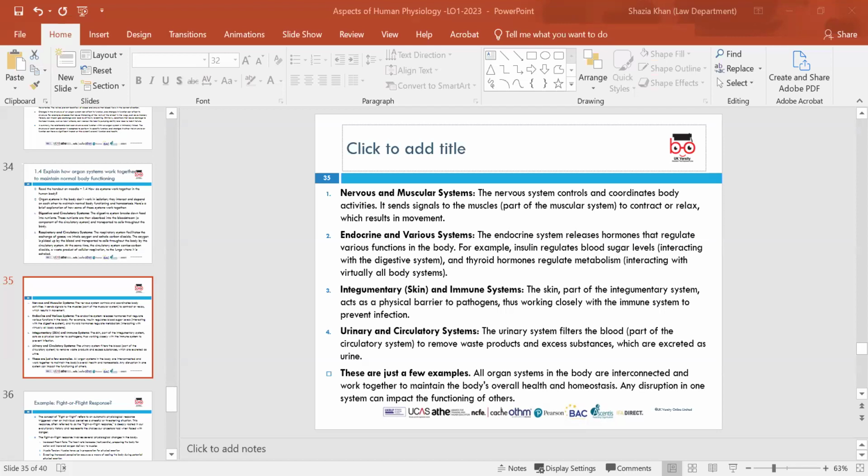And the kidneys, part of the urinary system, filter out waste products, toxins, and excess substances from the blood, such as urea, uric acid, and excess water to form urine. And the urine is then excreted from the body, helping to maintain the body's chemical balance and remove any sort of waste.